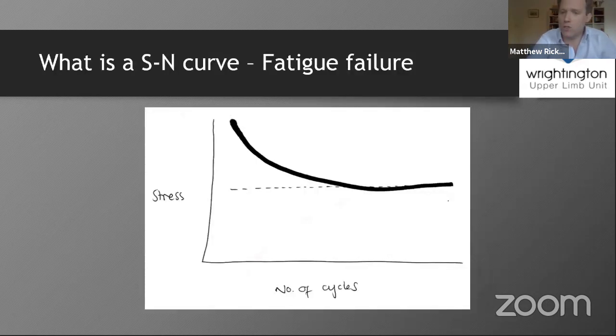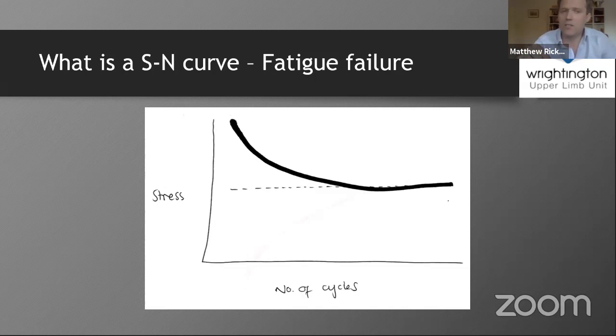The thing that you need to draw is the SN curve, which indicates fatigue failure. This is failure of a material caused by repetitive stress, like loading of a femur when walking, or like that last one with an intramedullary nail. A repetitive stress fails below its ultimate tensile strength. So it doesn't require the maximal amount of stress on that stress strain graph that we've seen before to fail. It fails well below that, and it's dependent upon the number of cycles, and that is represented by the SN curve.